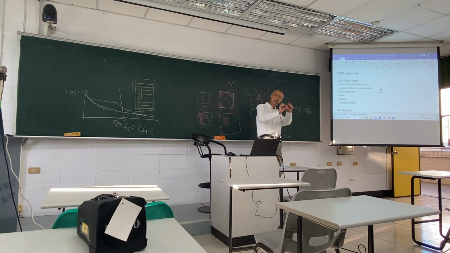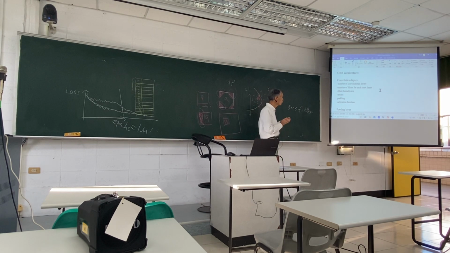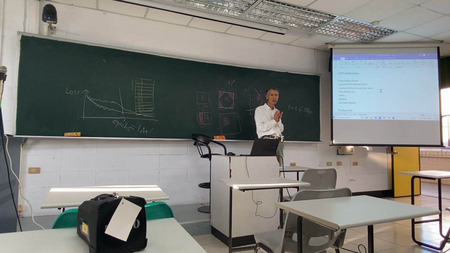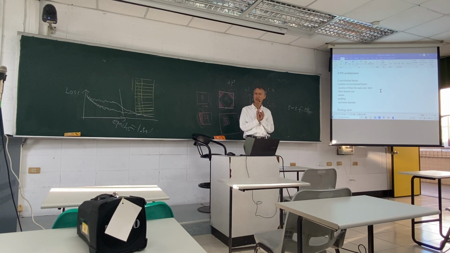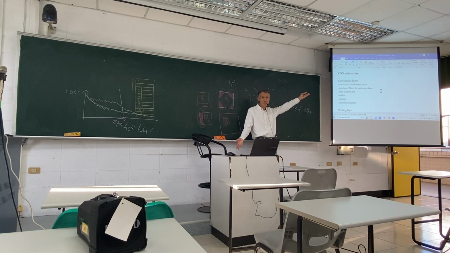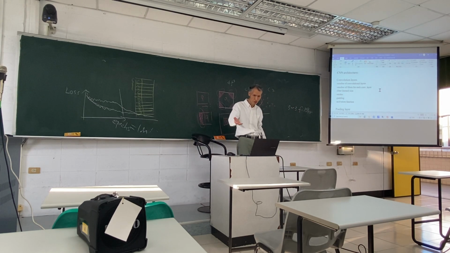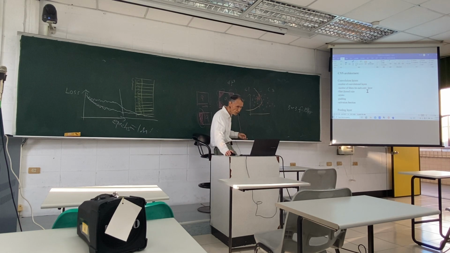Should I use a very deep convolution layer and each layer with only a few filters? Or should I use a relatively shallow convolution layer, but for each layer I use a lot of filters? Okay, so that's your choice, depends on your application again.